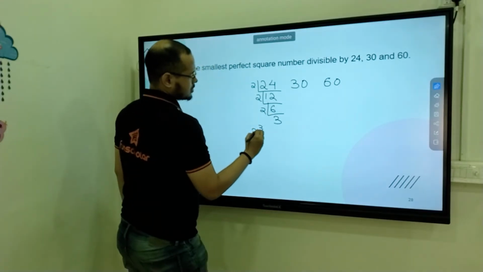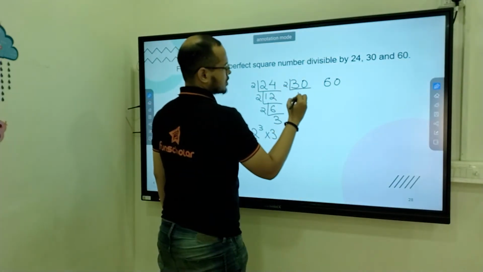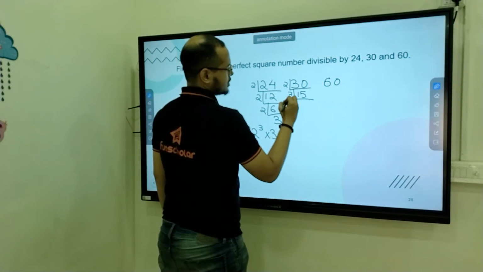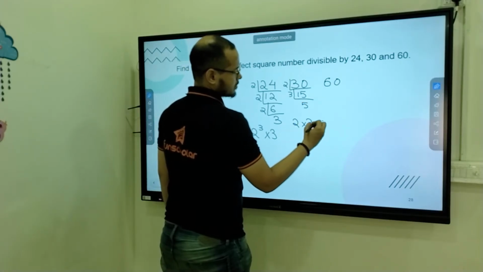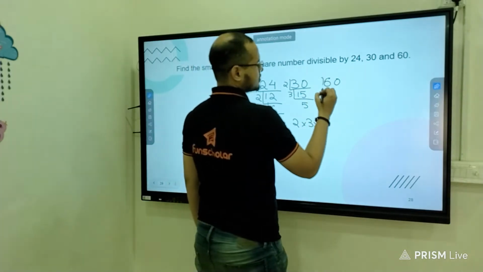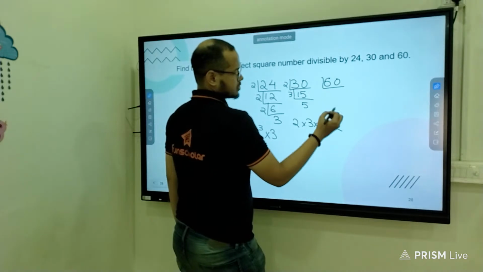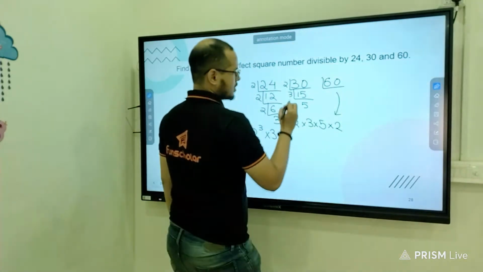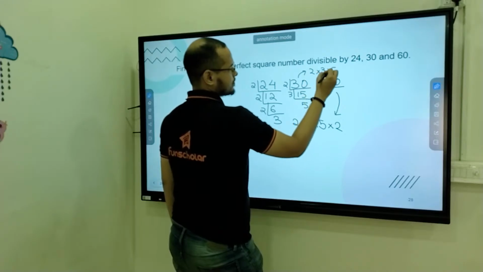So 2 to the power 3 into 3. What about 30? 2, 15, 3, 5. So 2 into 3 into 5. Next, 60 is nothing but this into 2, right? So this is going to be for 60. And for 30, it will be 2 into 3 into 5.